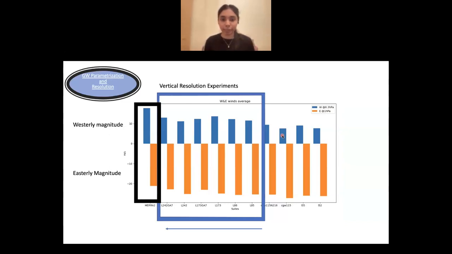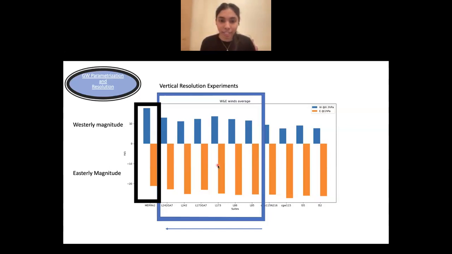Now, the vertical resolution experiments. If we move from right to left, this is the increased vertical resolution direction. The plot here is from the 85 level model, this one is 88 levels, and we have the 173 level configuration here and the 242 level configuration here. If we move from left to right, we can see there is an improvement in the westerly wind magnitude, not that much, but still an improvement.